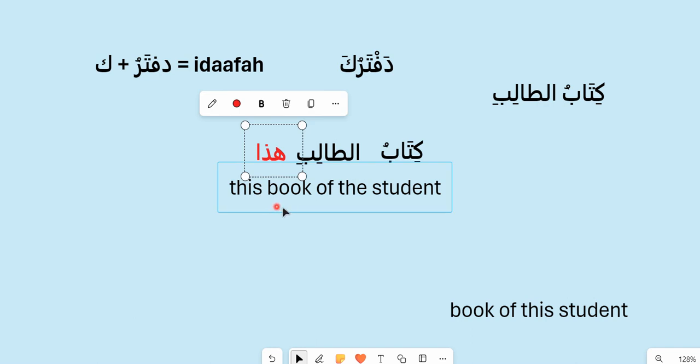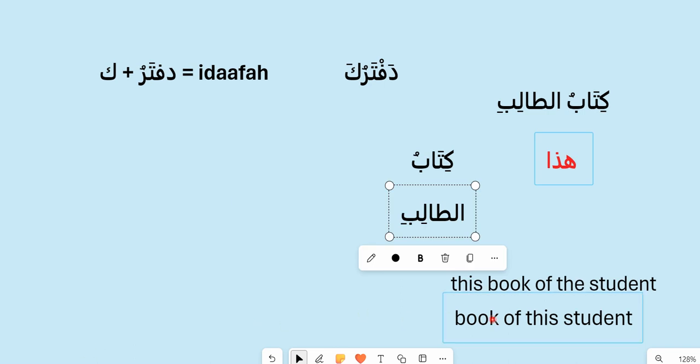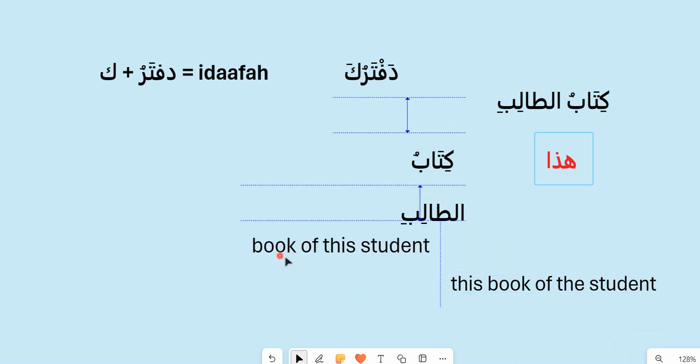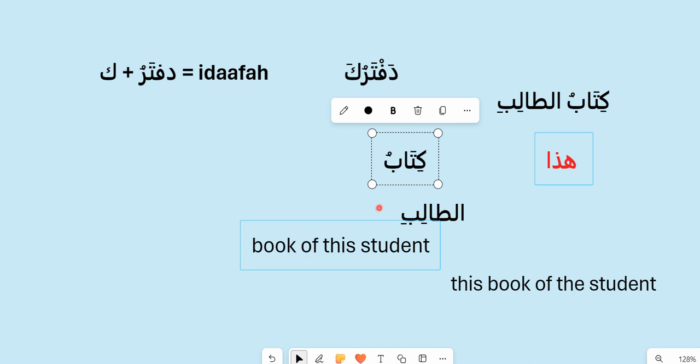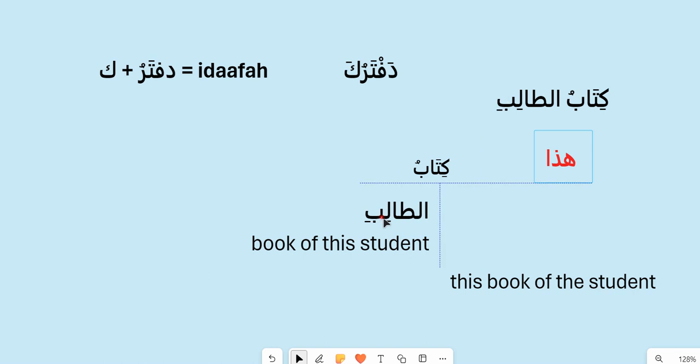This book of the student. Now, if you want to use the ism al-ishara for mudaf ilayh, as in the translation "book of this student", what you're going to do is bring the mudaf and the mudaf ilayh together, and the ism al-ishara is to be used in between.